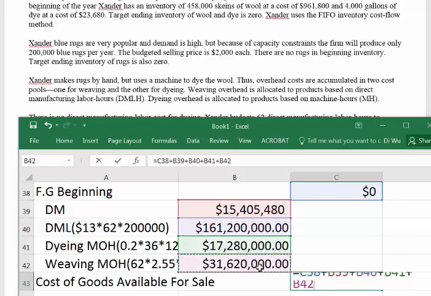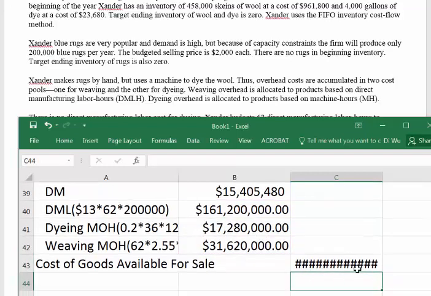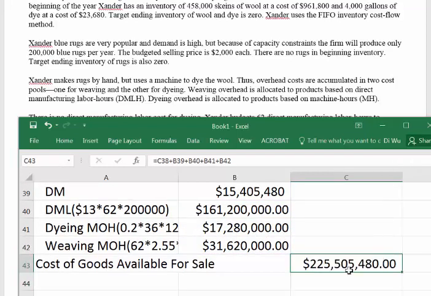If you add from line 38 in Excel all the way to 42, basically you're looking at, I'm going to sell 200,000 for sure. So this is a very, very big number. Finally, you're looking at a dollar value of $225,505,480, the racks for sale.